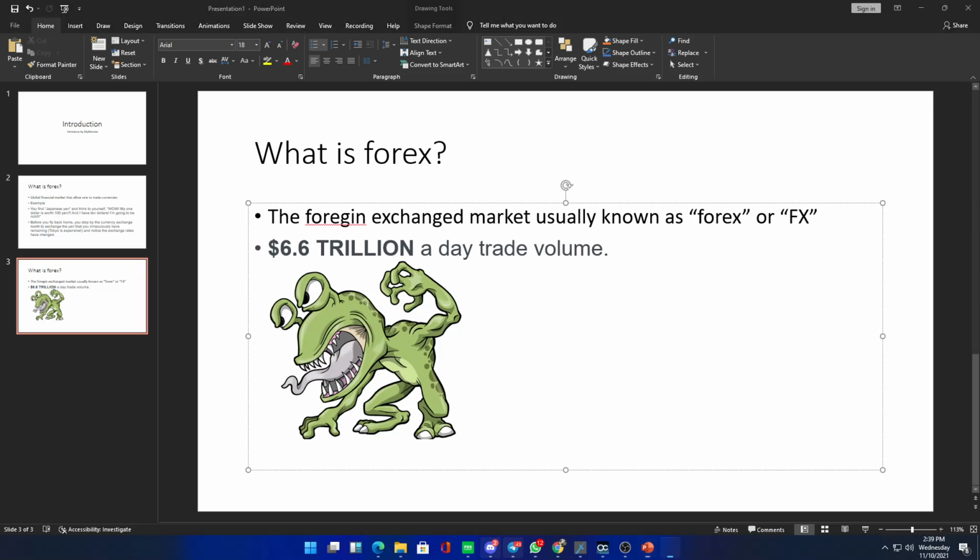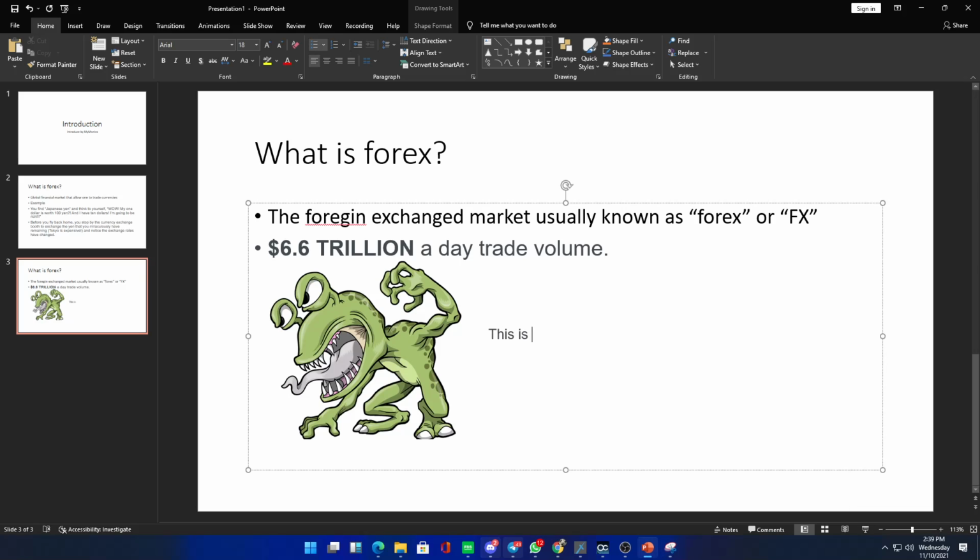We call this an example of the New York stock.